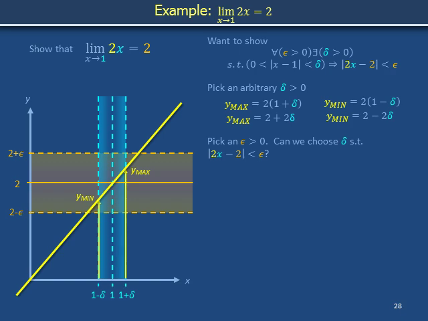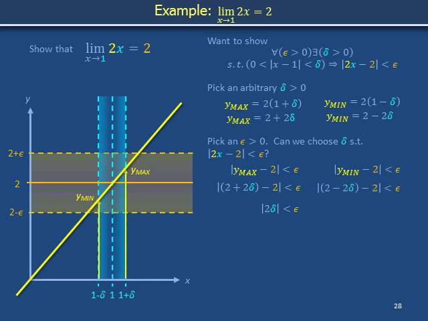We are requiring that the magnitude of the difference between y max and 2 be less than epsilon. In other words, we require that the absolute value of 2 plus 2 delta, that quantity minus 2, be less than epsilon, meaning that we require the absolute value of 2 delta to be less than epsilon. We are also insisting that the magnitude of the difference between y min and 2 be less than epsilon.